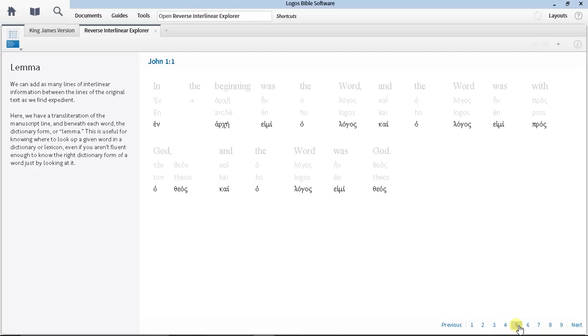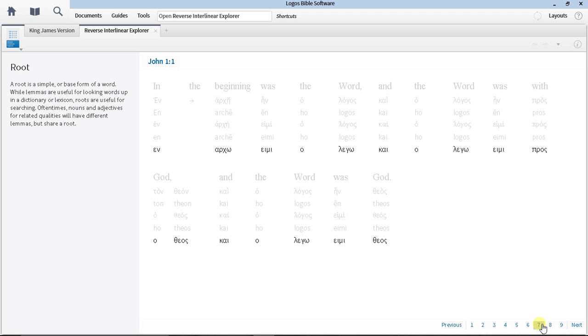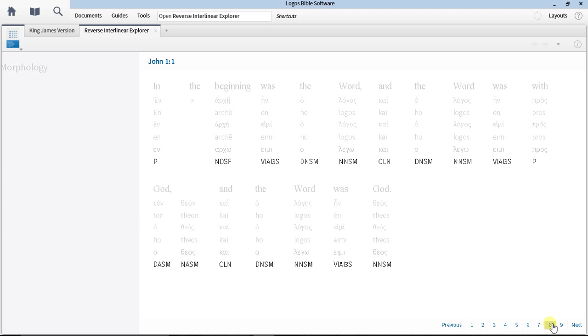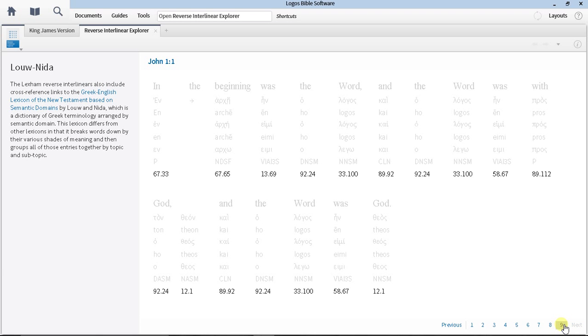If you were to look it up, it would be the initial word followed by the variations of that word, just like in the English dictionary. Then you have the lemma transliteration as well, and then you have the root of the word and the morphology of the word, and the Louw-Nida numbers.